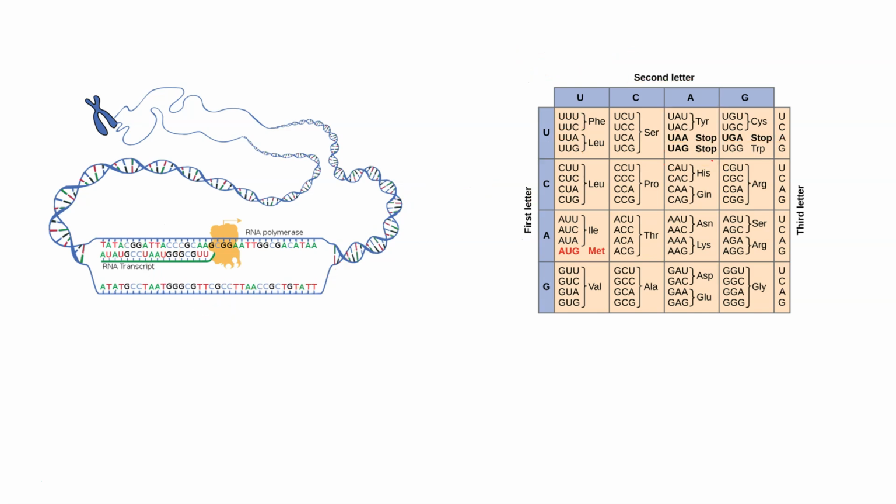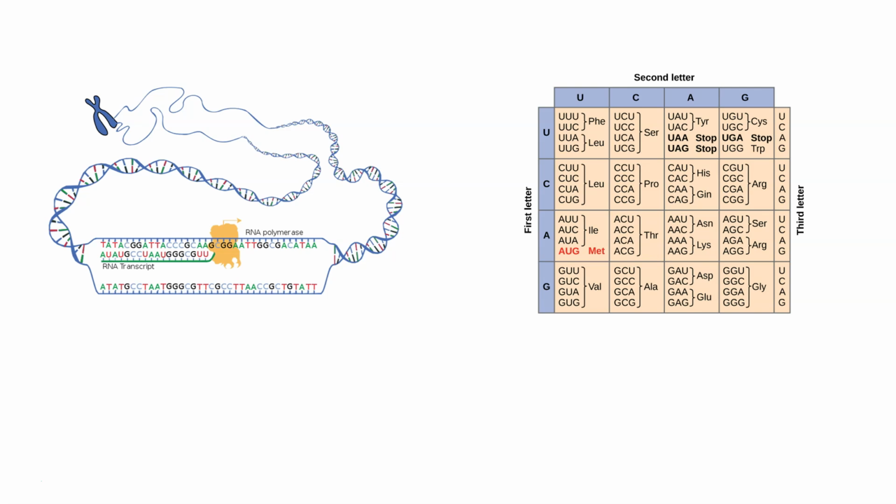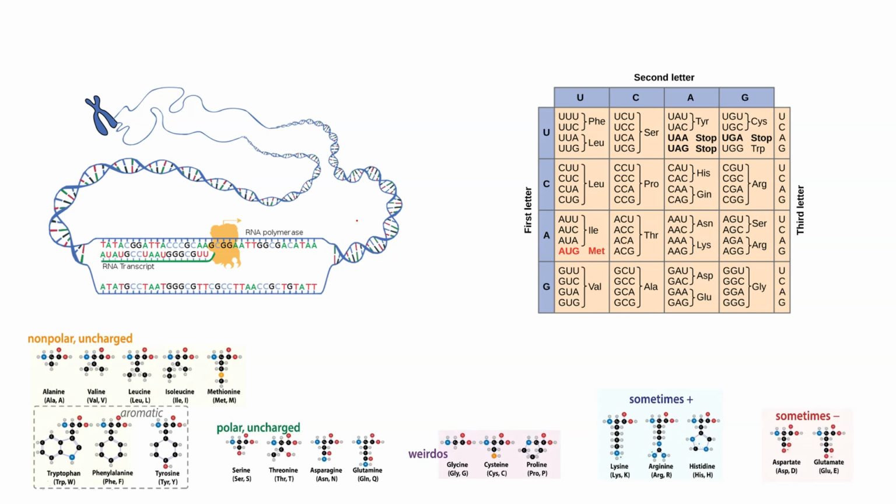Okay. Now the reason why these codes exist is going to be related to the nature of tRNA molecules. But before I talk about those, I just want to make mention of the fact that all of these letters here are basically abbreviations for the different amino acids that we had already talked about.